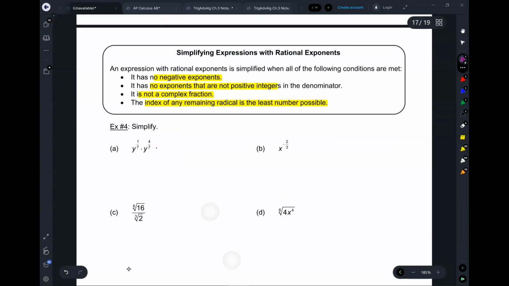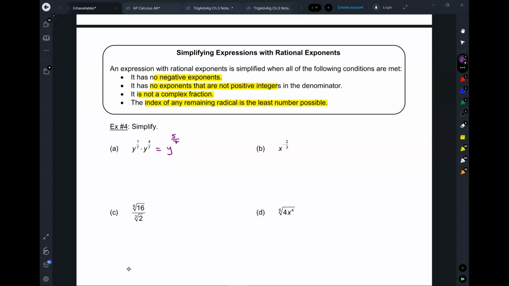Okay, so look at what I have here. When I'm multiplying 2 powers, what do I do to the exponents? You add them. So this will be y to the 5 over 7. Okay? Now, always see if this is simplified enough.